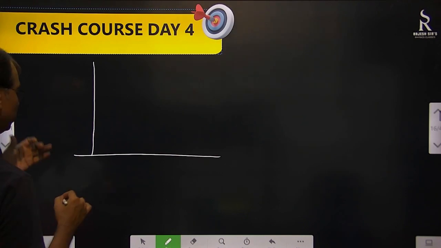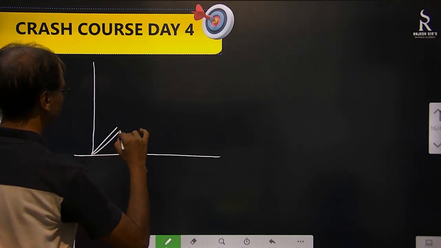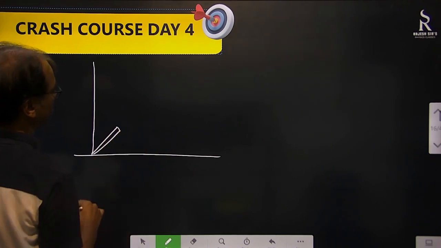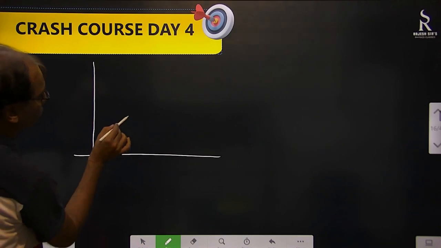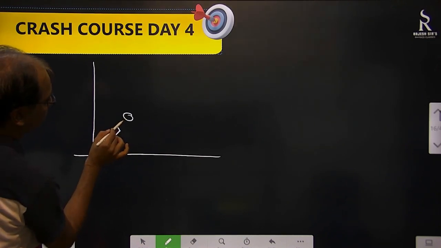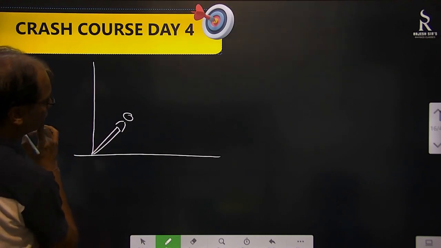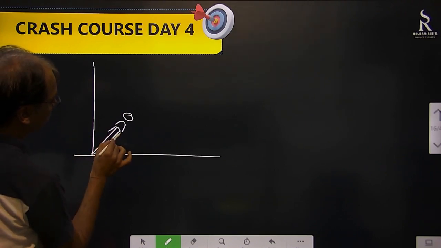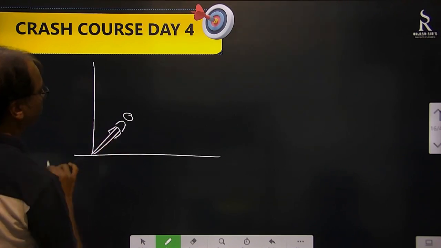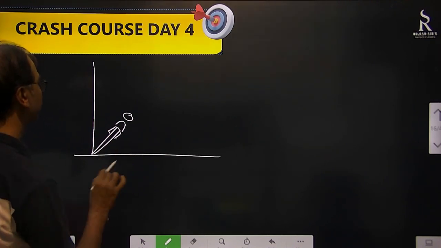Now it's like this, and suppose that cyclist, this is the wheel. Okay, it's turning in this way.